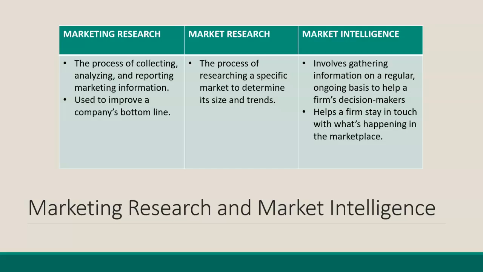Then market intelligence involves gathering information on a regular, ongoing basis to help a firm's decision makers and helps a firm stay in touch with what's happening in the marketplace. So this slide just defines the different parts of marketing research and why marketing research and market intelligence is important for a firm.